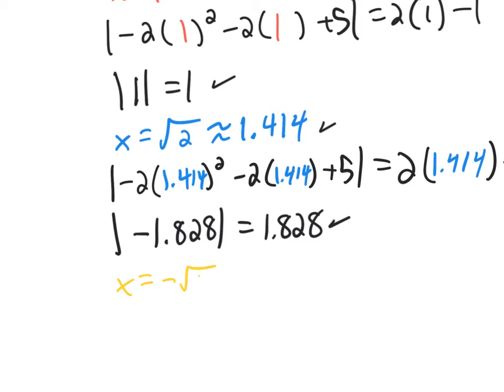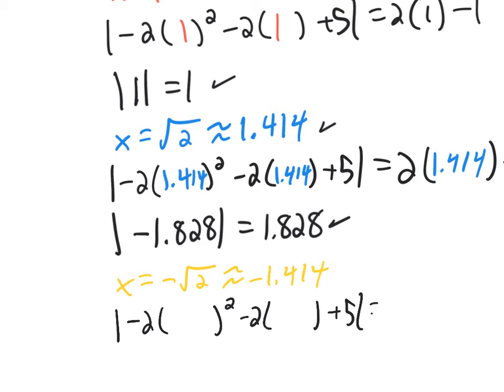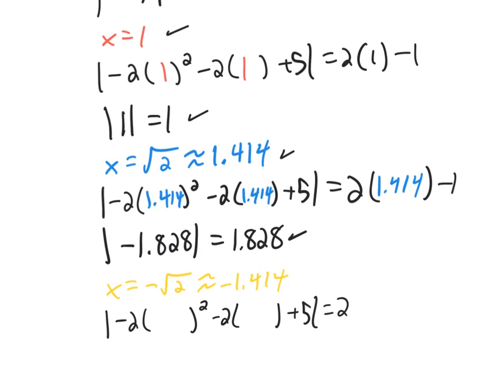And here's our final possible solution to check. And I'm sure by now you're thrilled at the prospect of having to do all of this verification every time that we do one of these problems, but it is necessary to ensure that these solutions solve the original and are not extraneous.